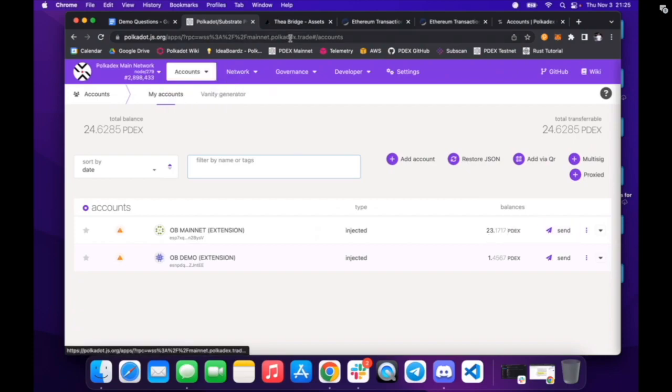Just a quick note here, for you to withdraw tokens out of the Polkadex network to your Ethereum network, at the moment we are charging a fee of 20 PDEX. This is the fee that we incur for our operational costs, because as I mentioned, we're using Chainbridge at the moment, and Chainbridge is a semi-centralized setup, and there are multiple relayers for which we need to pay the gas fee, and that totals up to an amount of 20 PDEX.